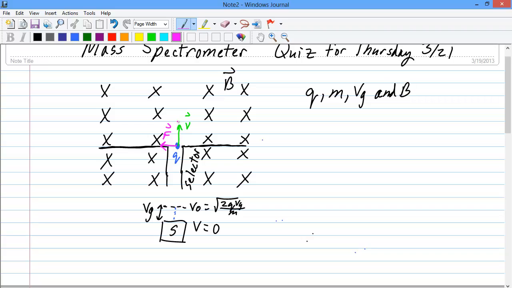Now, because it's a uniform magnetic field, it has to make a circle. So the trajectory of the charge is going to be a half circle. And so that is the trajectory it would follow after it's gone through the selector.